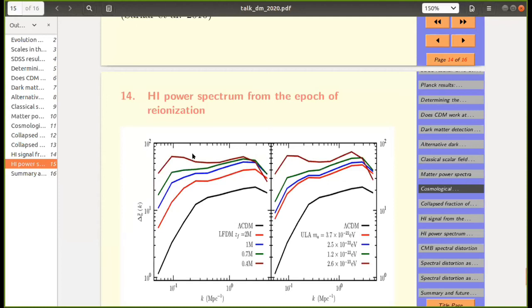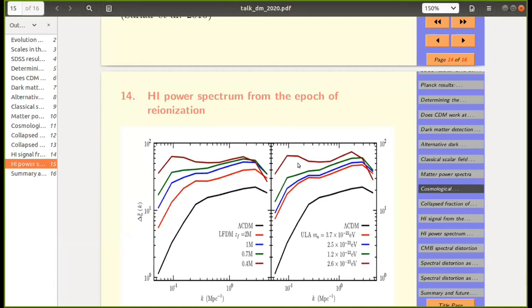And you can see it is enhanced by a factor of 4 to 5 over what you would expect from the lambda CDM model. For all the cases, I've shown two classes of model, just focus on the right panel, which is the ULA. And you can see as the mass of ULA is decreased, the signal becomes more powerful. It becomes larger, around a factor of 5 or 6. It'll be a nice probe.